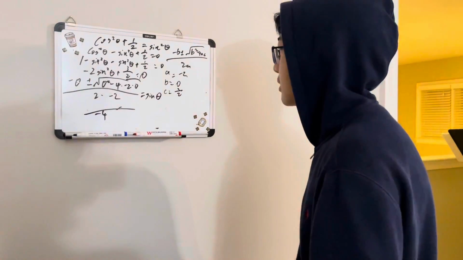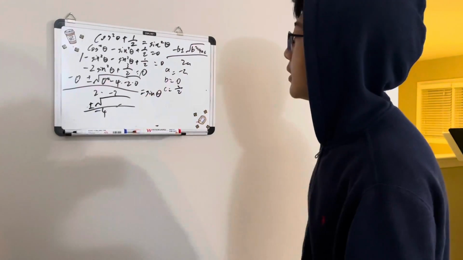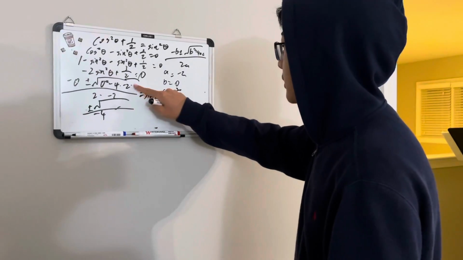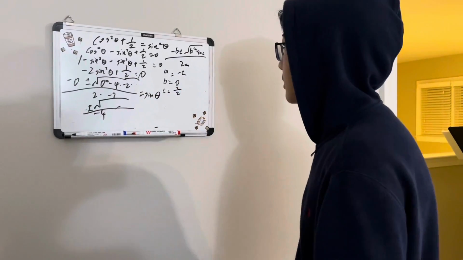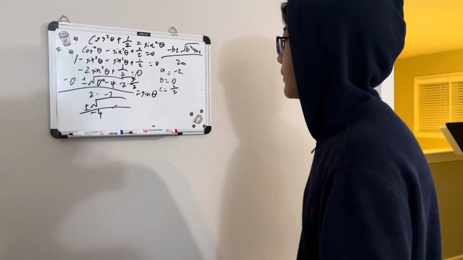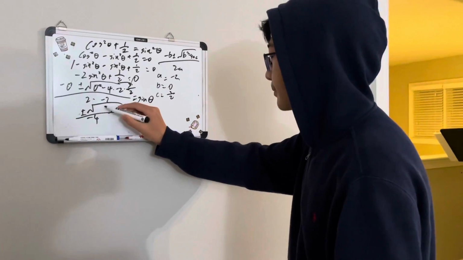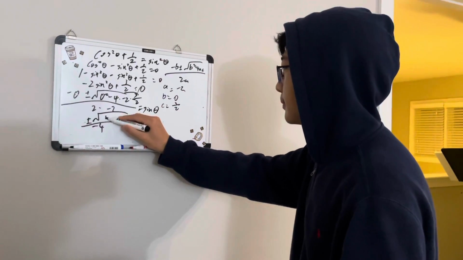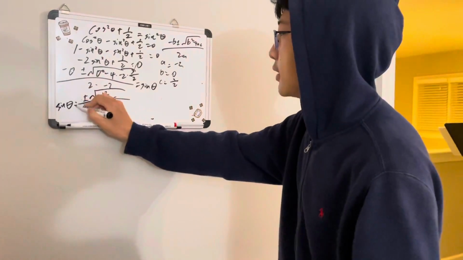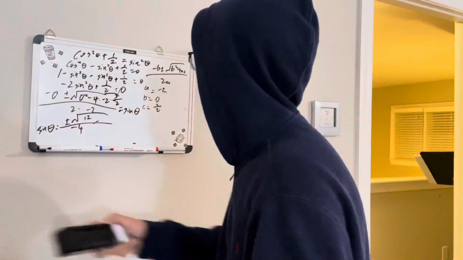Negative 0 is just 0, and plus or minus. For 4ac, that's 12. So we have two solutions basically.